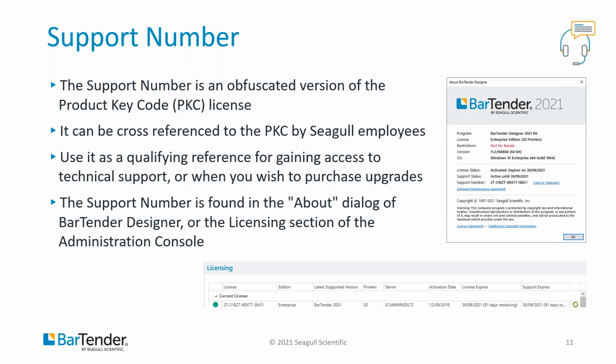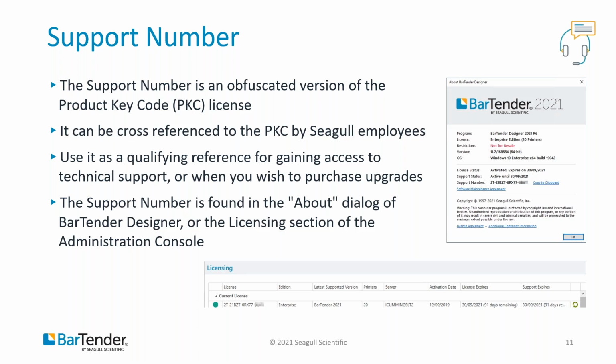Basically, it's a reference code that cross-references to the product key code. If you give the support number to a Siegel employee, they would be able to put that into some software, which allows us to cross-reference to what the actual license code is. So we at Siegel can see what that is, but everyone else cannot.